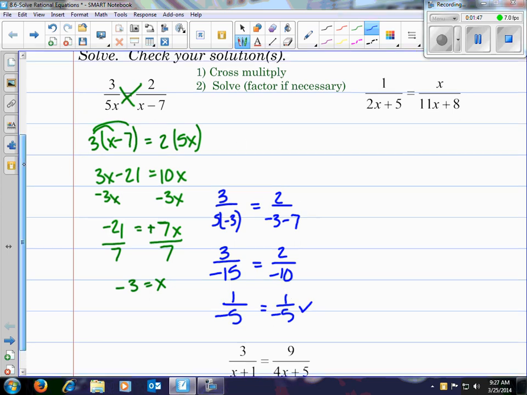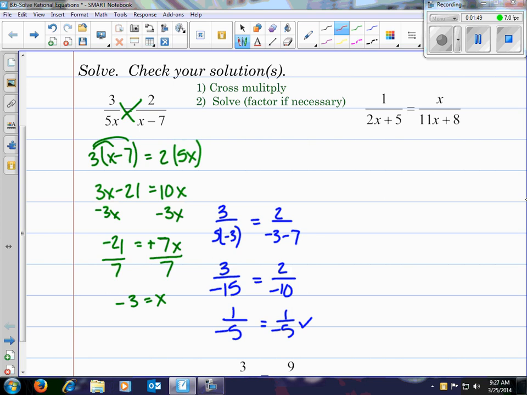Now we're going to do the next one. Same exact concept. We're going to cross multiply. So I have 11x plus 8, because it's 1 times 11x plus 8, equals x times 2x plus 5. Now I'm going to distribute. So I have 11x plus 8 is equal to 2x squared plus 5x.